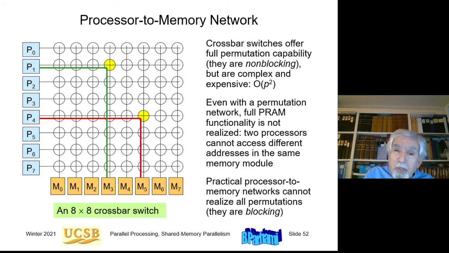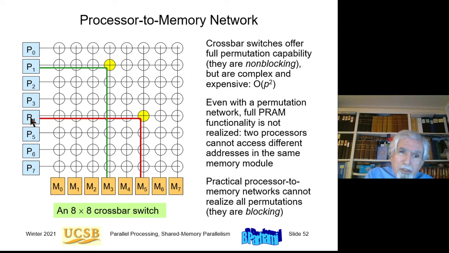Now, even with the permutation network, the full PRAM functionality is not realized by this system. Remember, in PRAM, we said any processor can access any memory location. Here we say any processor can access any memory bank. Now, this memory bank M5 has many locations in it, many addresses.